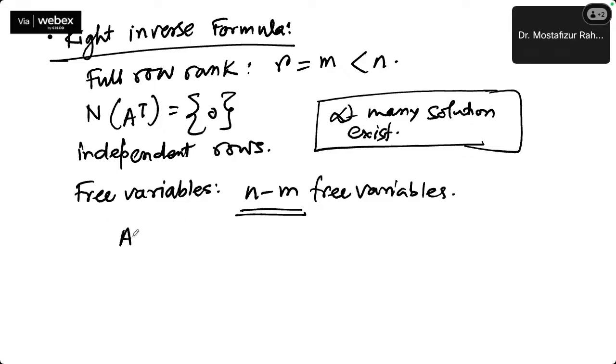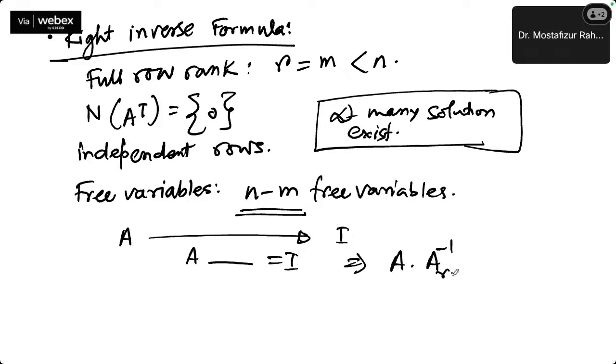In this case, let's design the solution. I have A and I have to reach I. What shall I multiply A by on the right side so that I get I? This is my objective, right? So I have to find some A times A inverse that should give the identity. For this type of equation, what we typically do is A times A transpose.